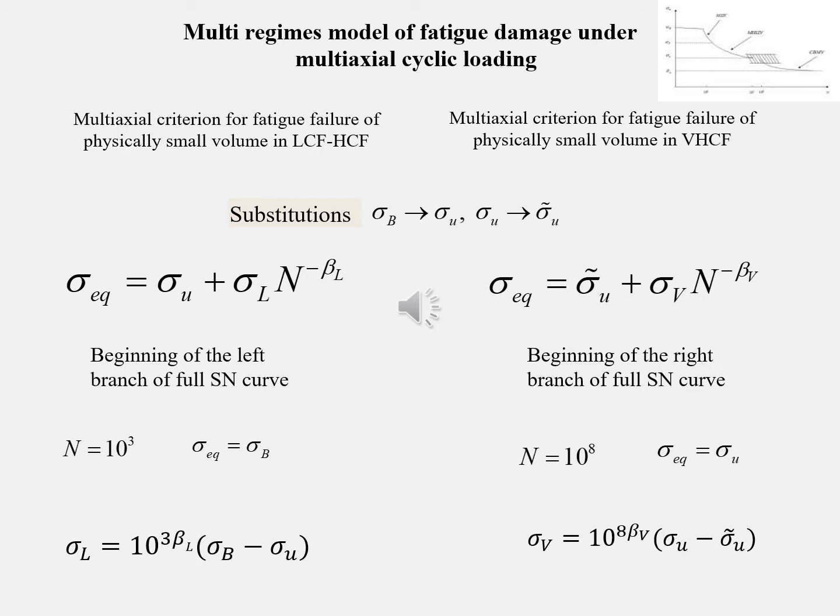This gives us the second condition for this curve. Taking into account all these ideas, we can write the exact expression for the constants sigma L and sigma V. Here they are presented. The powers beta L and beta V are taken from the analysis of experimental data, and they correspond to the rate of decrease of the corresponding curve.